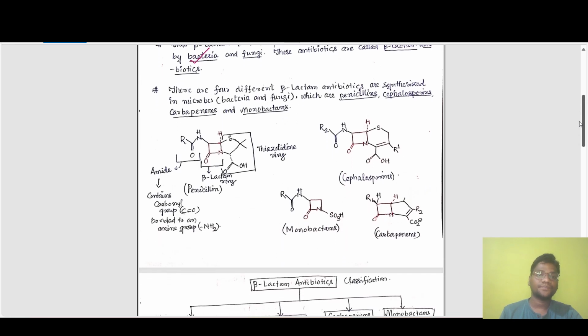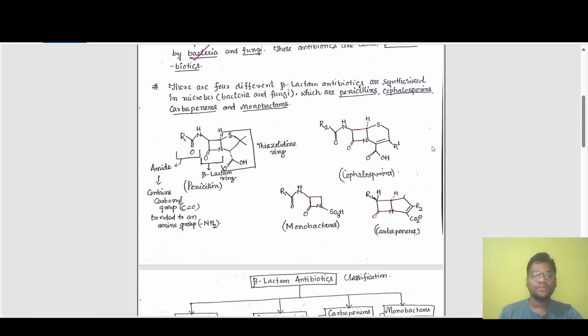These beta-lactam antibiotics are very common in penicillin species, and you are familiar with penicillin because you have studied the discovery of penicillin, the world's first antibiotic, discovered by Alexander Fleming in 1928.